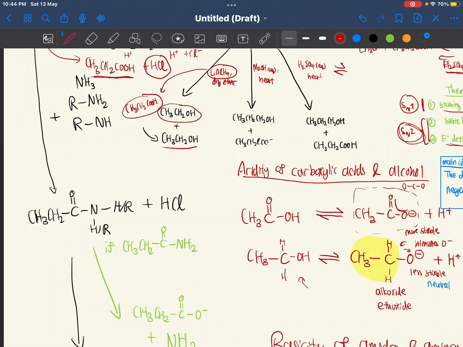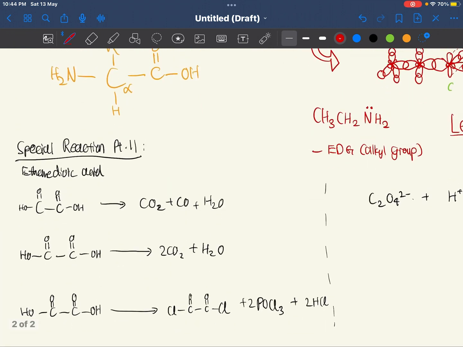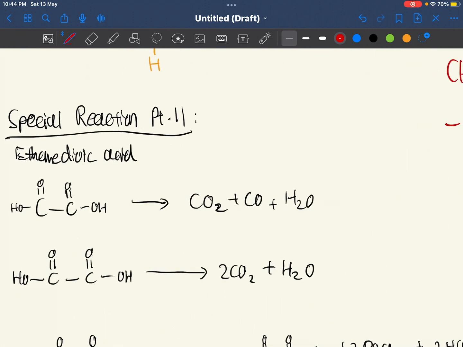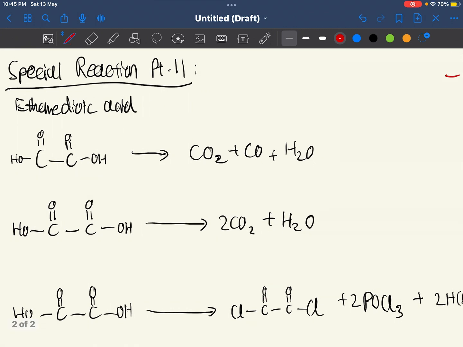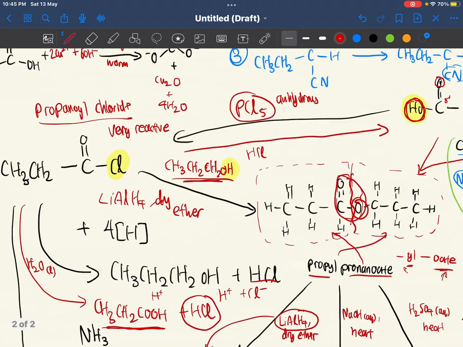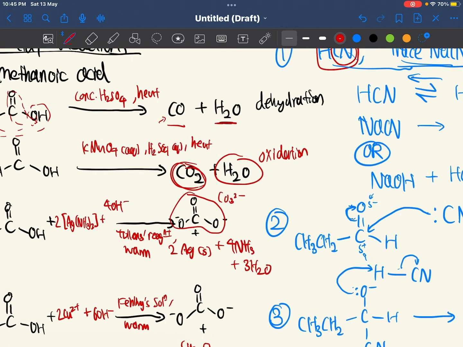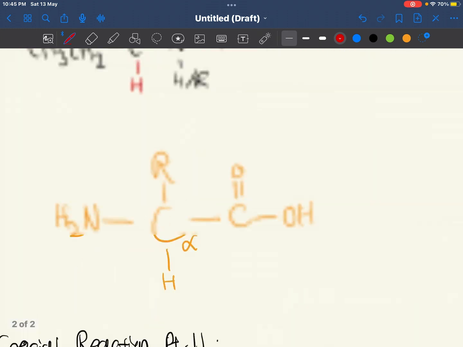So our next special reaction is concerning ethanedioic acid. The last time we saw ethanedioic acid was under alkene, but it's a special reaction because it will be specially oxidized. Okay, so the first one we're talking about is our dehydration reaction. Oh yeah, and I forgot to mention that for methanoic acid, the more commonly asked question will be our strong oxidation.